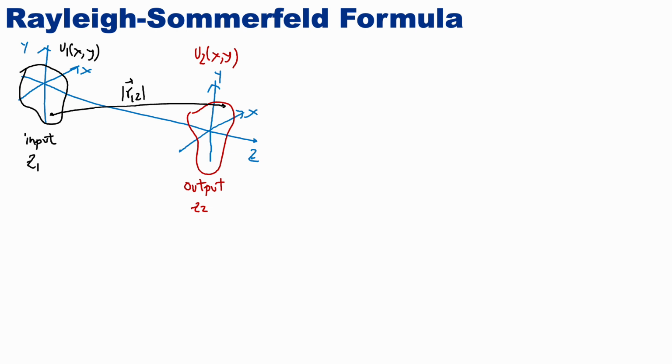So the conditions for the Rayleigh-Sommerfeld formula are that the distance between the two planes is much larger than the source wavelength.